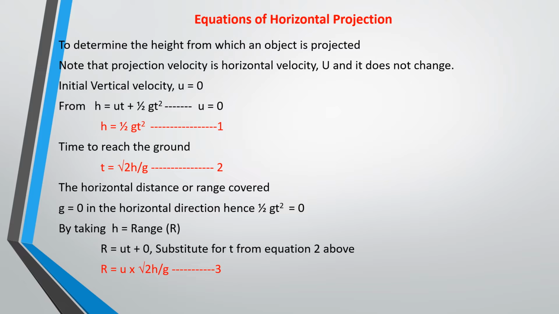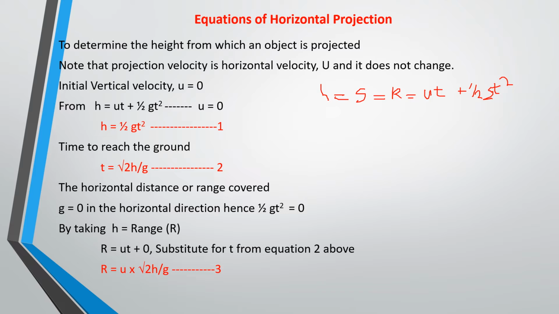Now, if g is equal to 0, it means that if we replace the h with distance or range, then we'll have ut plus half gt squared.